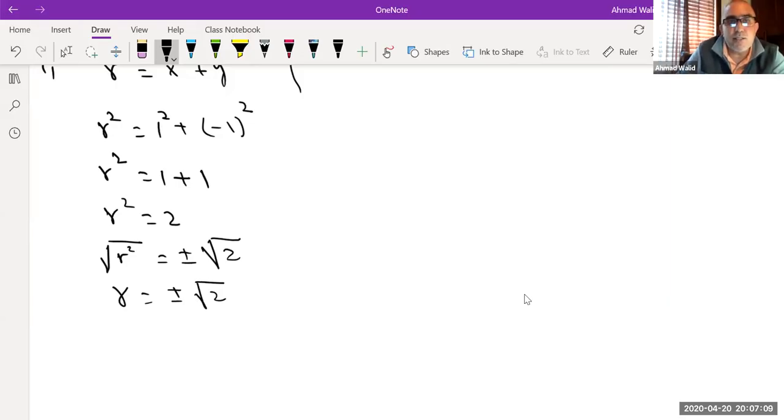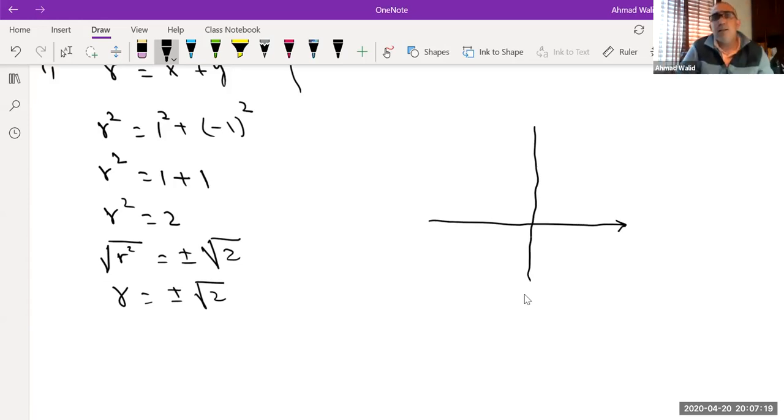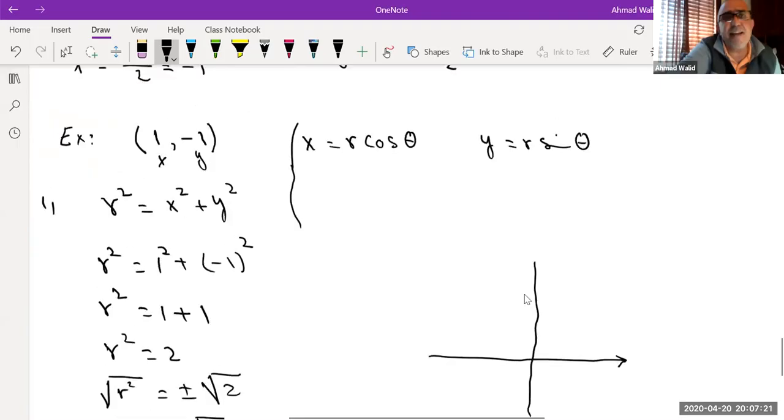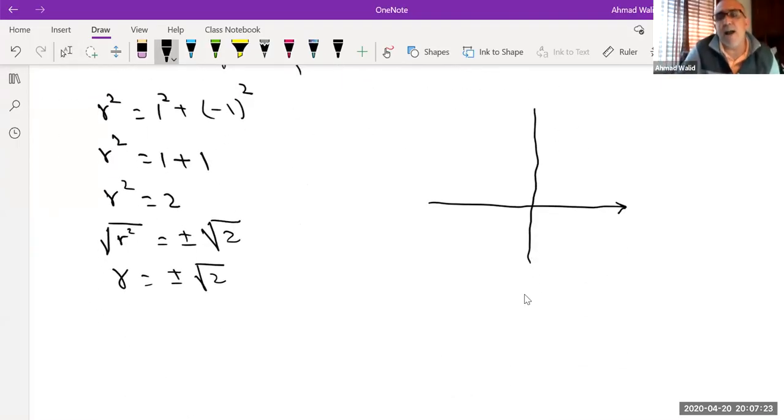But should I use the positive or negative r? This is how you find whether to use positive r or negative r. Look, your point is given as (1, negative 1), and I know (1, negative 1) is here. I'm in quadrant 4.